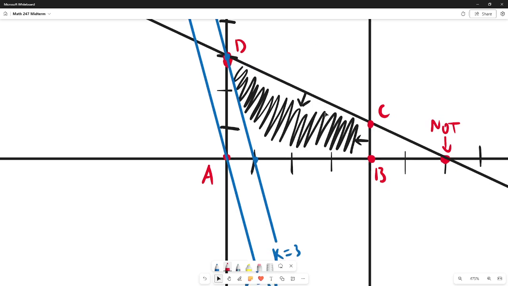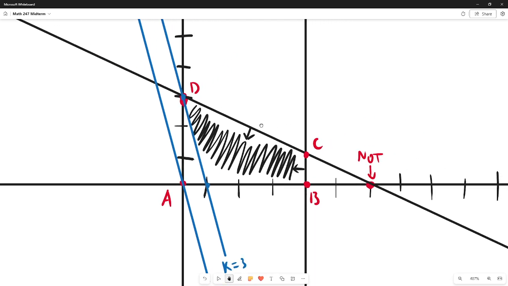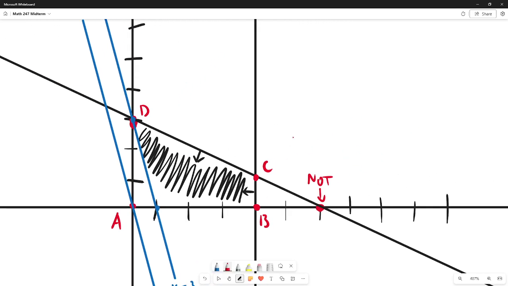Then we can label the values of these points. We already know that A is 0, 0. B is 4, 0. C, we don't entirely know the value of C, so I'm going to keep that blank for now. And D, we know the value of D. It's 0, 3.